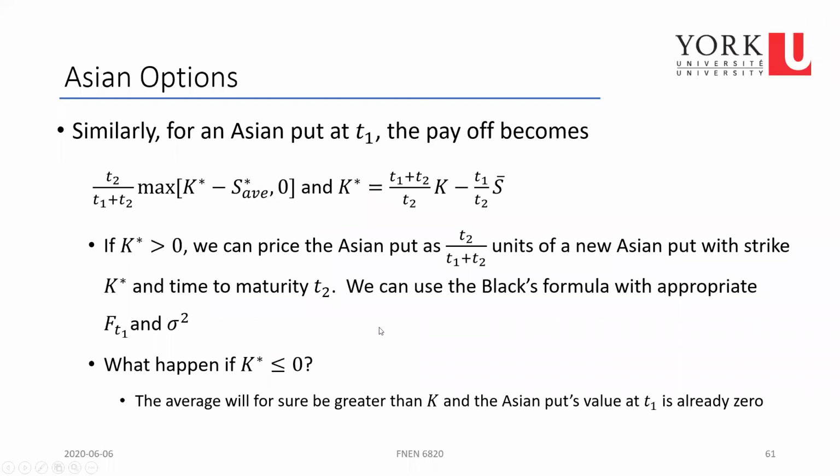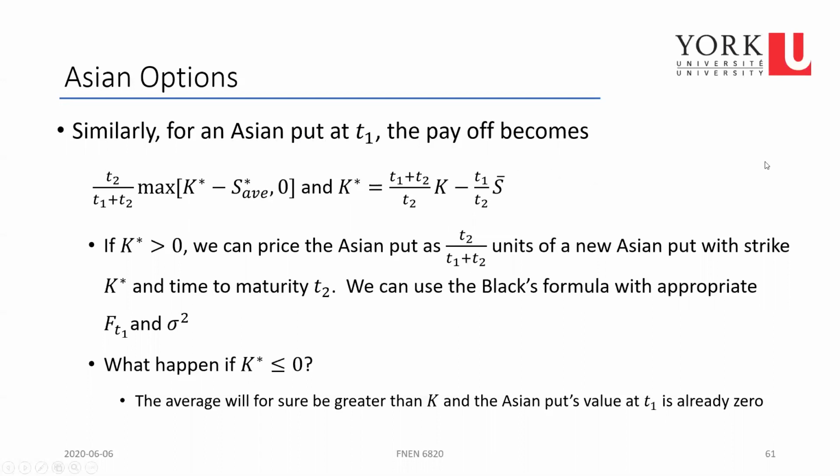Similarly, you can do the same analysis for an Asian put option. So the payoff will be, if you are at some point in time T1, then you do the adjustment and calculate the adjusted value for the Asian put at the initial time when the option has just come into existence.